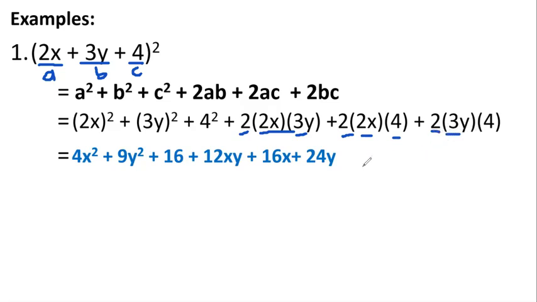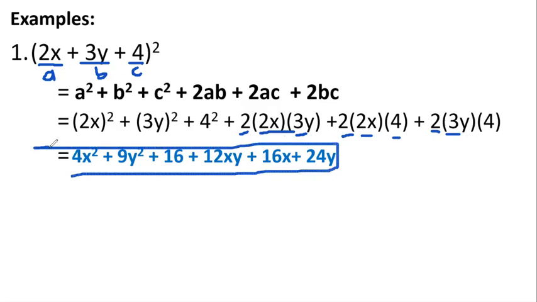The answer is 24y. So ito yung final answer natin. This is the square of the given trinomial. So again, use this pattern, okay, to get the product, okay, or the square of a given trinomial. And that's it. Yun lang yung ating special products.